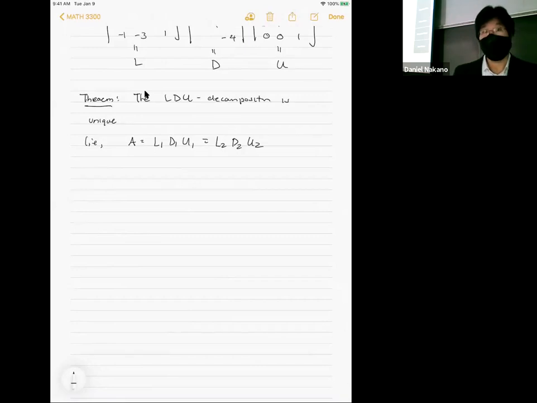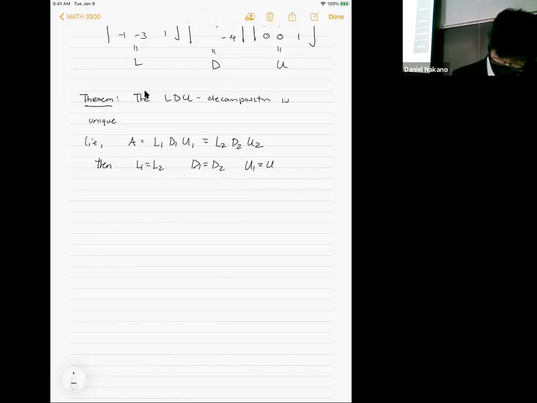Okay, so if you have LDU decompositions, possibly different ones, for A, then L1 has to be equal to L2, D1 has to be equal to D2, and U1 has to be equal to U2. Okay, let me pause for a second. Any questions on this?